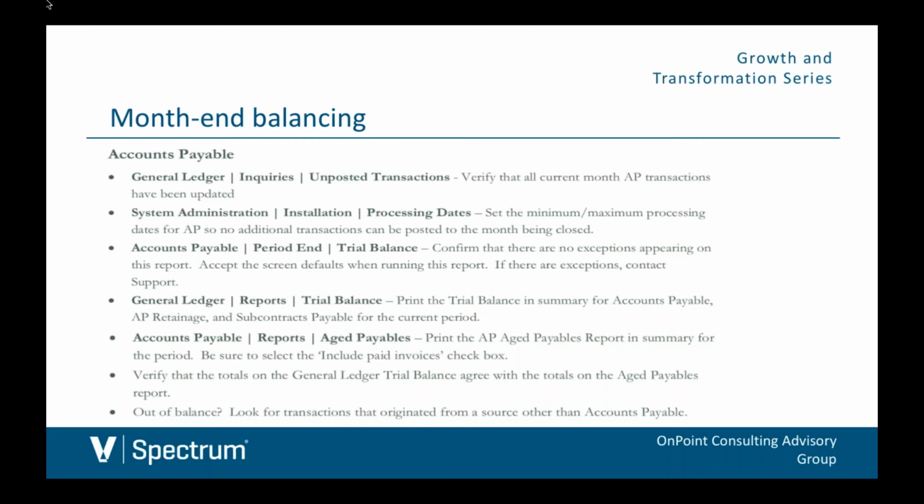Again, this is another one where you could print the entire trial balance and have it there for your reference so you don't have to go back and print it when you do AR and job costs. You just print it one time for this particular month, and then you have it.